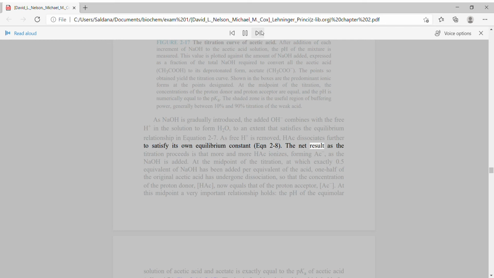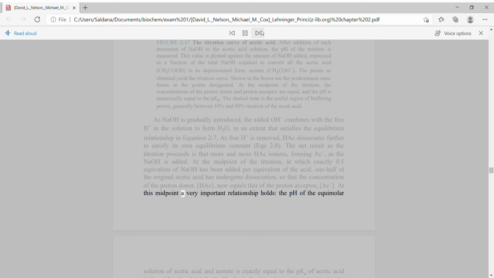The net result as the titration proceeds is that more and more HAc ionizes, forming Ac-, as the NaOH is added. At the midpoint of the titration, at which exactly 0.5 equivalent of NaOH has been added per equivalent of the acid, one-half of the original acetic acid has undergone dissociation, so that the concentration of the proton donor, HAc, now equals that of the proton acceptor, Ac-.